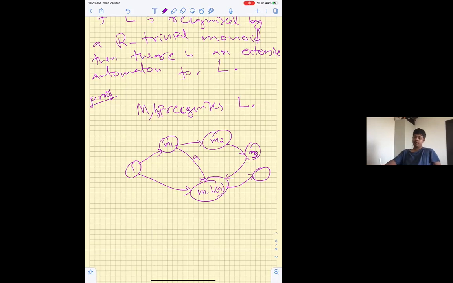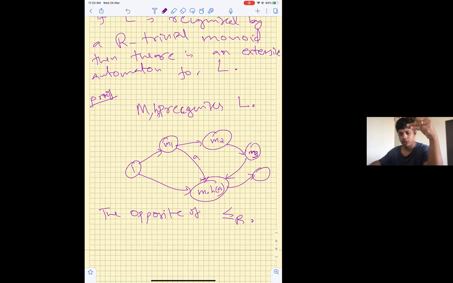We can take the opposite of less than or equal to R. Less than or equal to R is a preorder, which is reflexive and transitive.